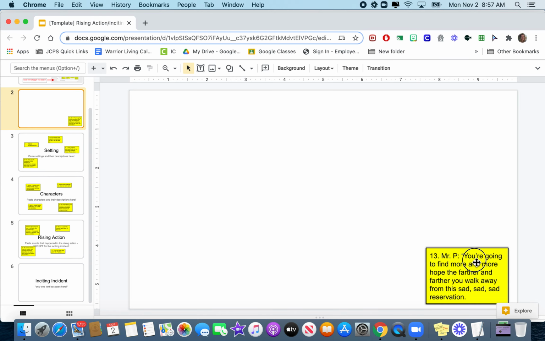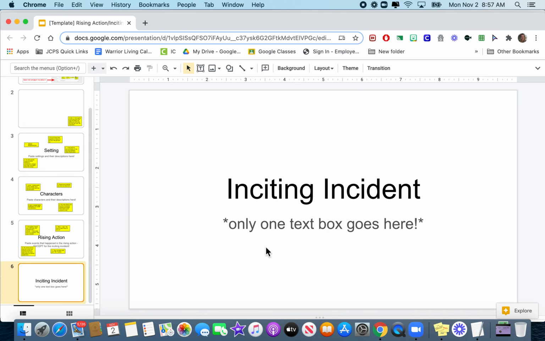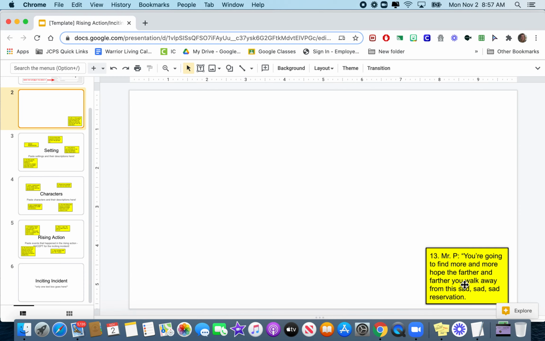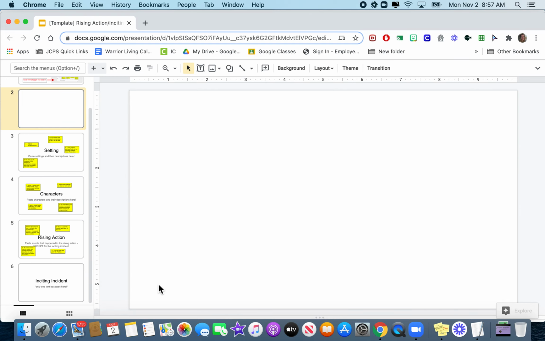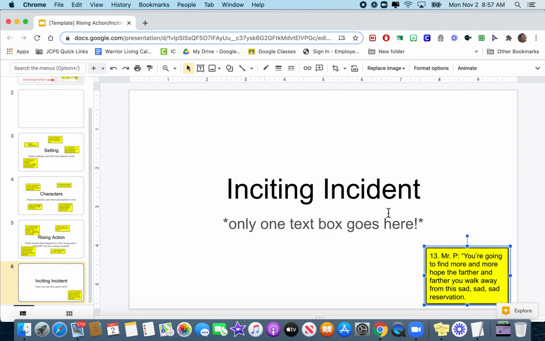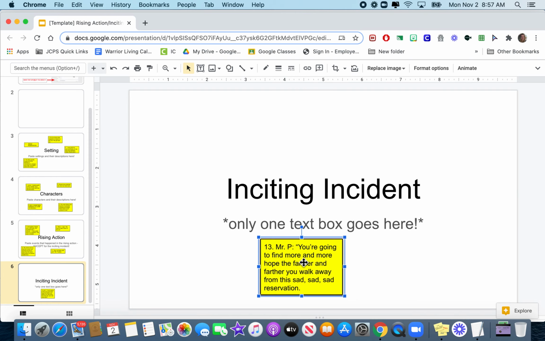All right, and then the final one, which you know because the inciting incident says only one text box goes here, we know that number 13 is going to go there, but I'm going to explain why. Number 13, Mr. P says, you're going to find more and more hope the farther and farther you walk away from this sad, sad, sad reservation.